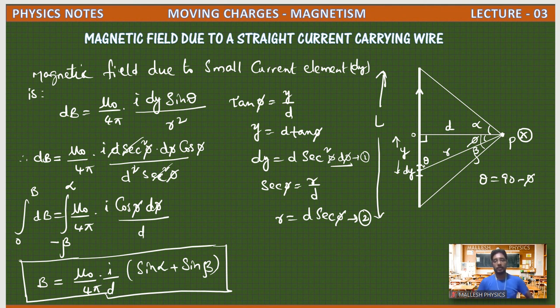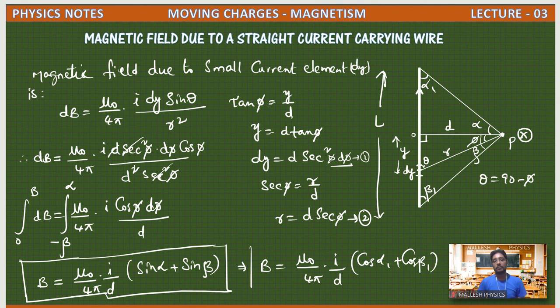If these angles are measured with the wire, for example alpha 1 and beta 1, then we can write this equation as B is equal to mu naught by 4 pi into I by d, cos alpha 1 plus cos beta 1.